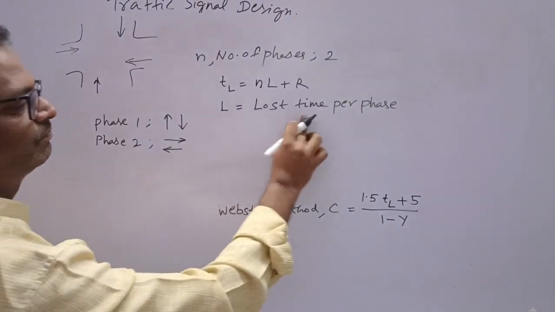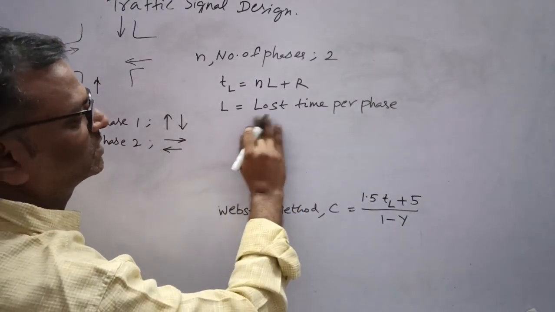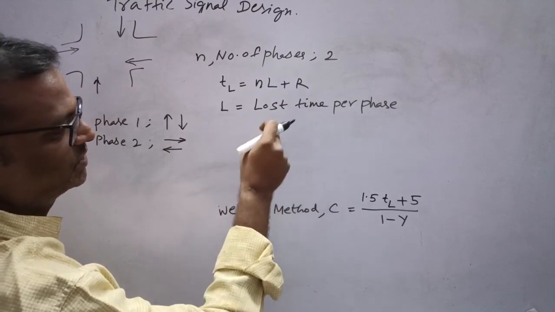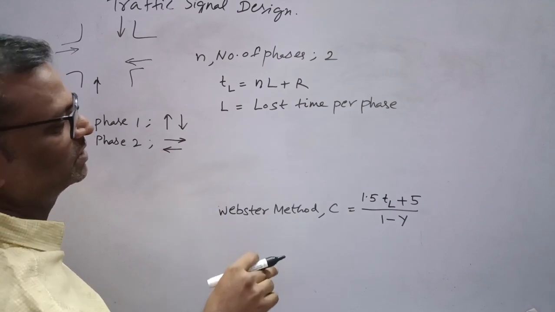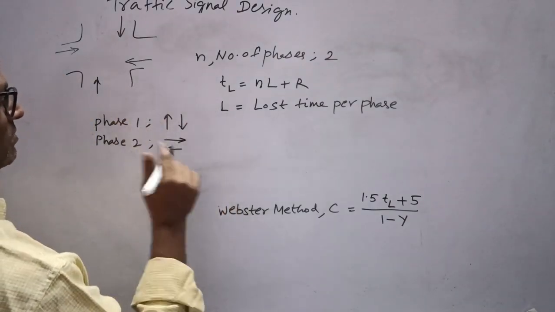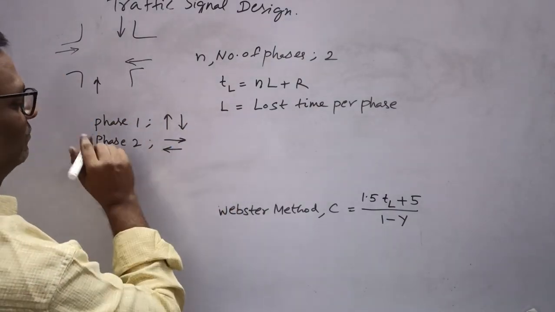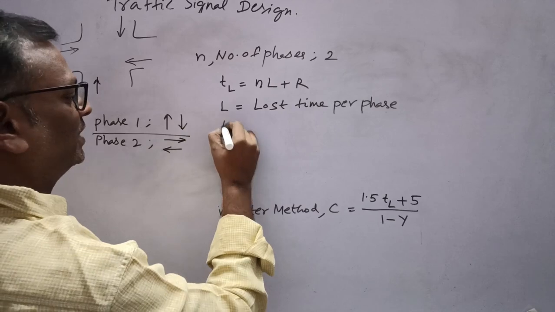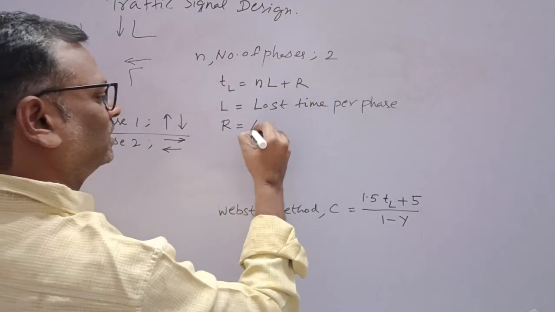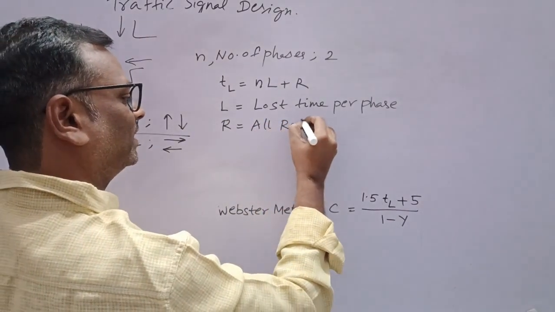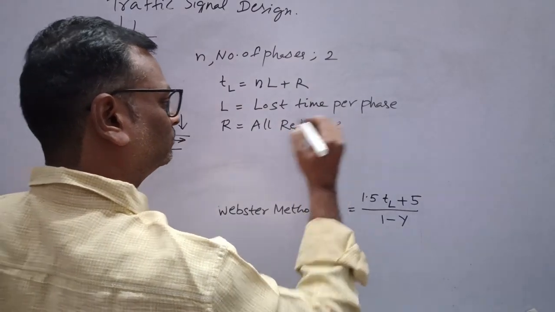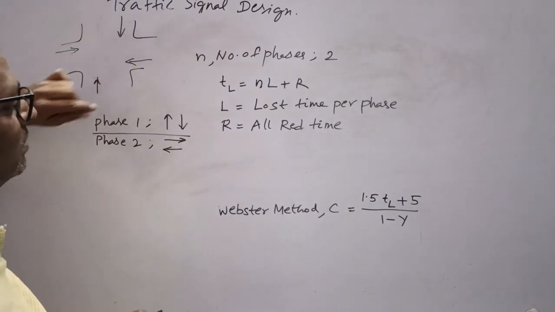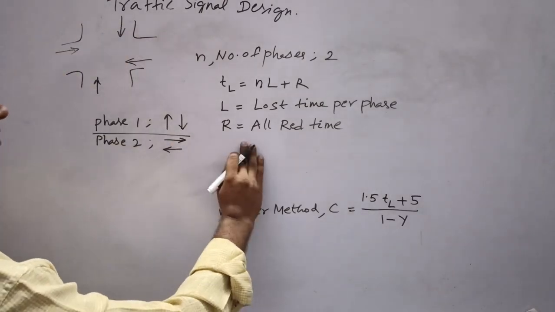What is lost time? Just now we have discussed. Lost time is the combination of startup lost time plus clearance time. For this phase, suppose we are calculating for phase 1, the lost time for this phase. And what is R? R is called all red time, meaning for all the traffic, the entire signal is red.